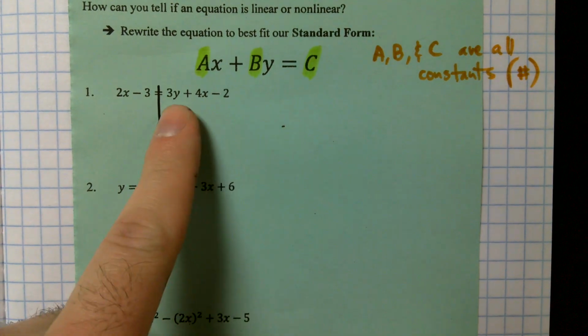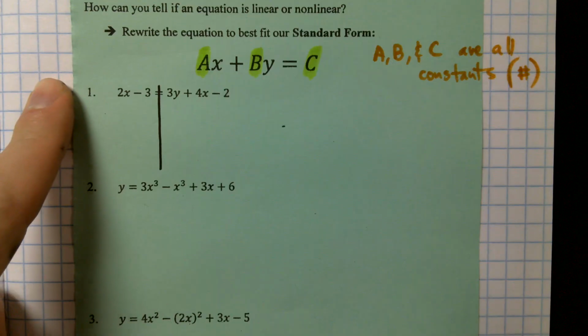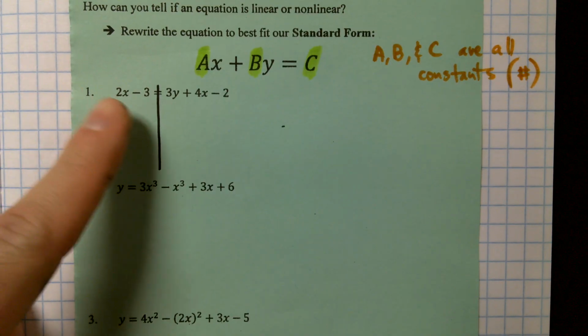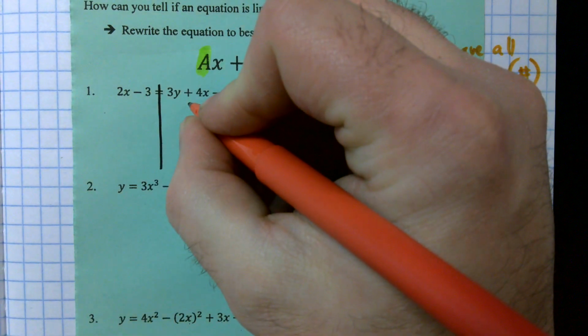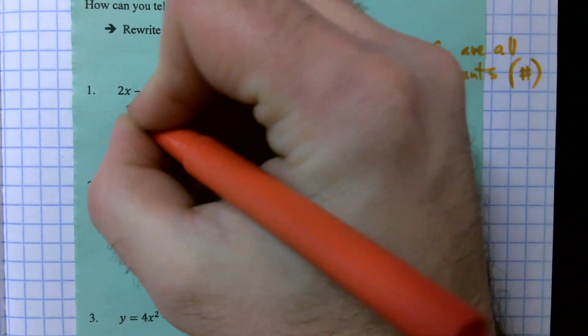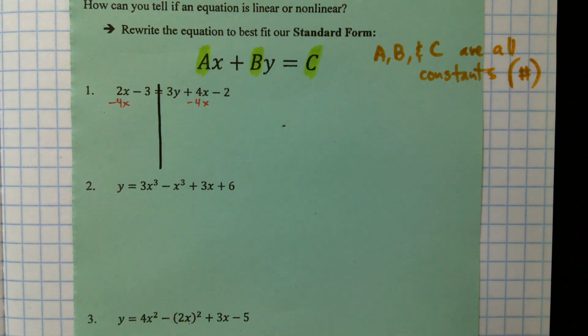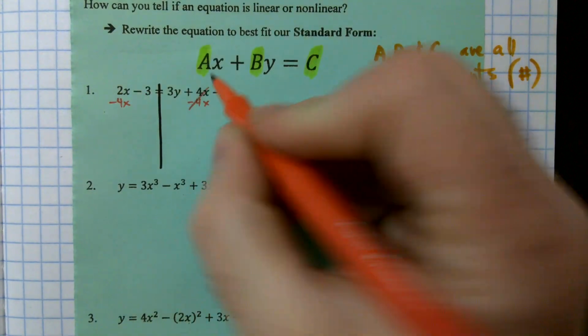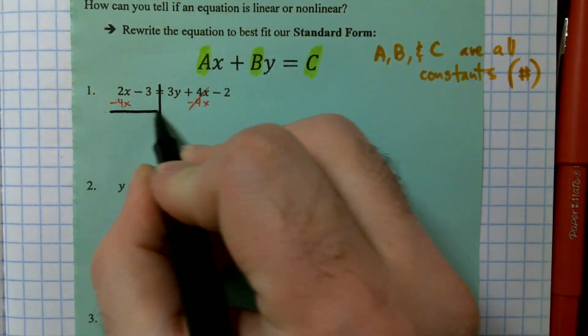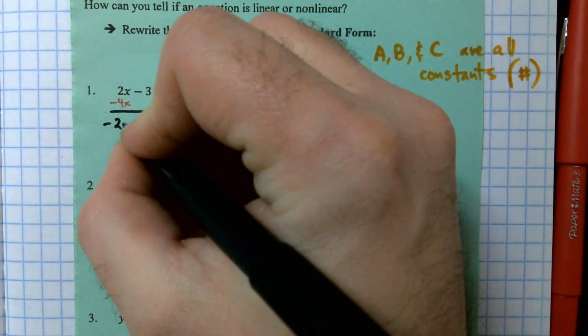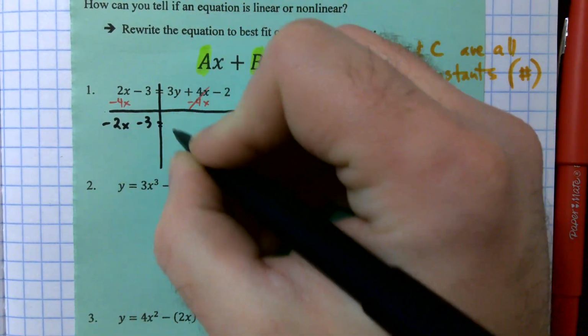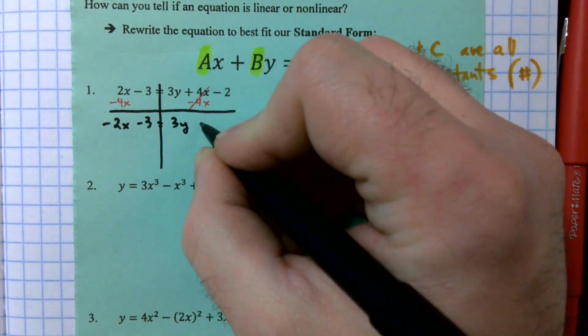So what on this right-hand side can I bring over to the left-hand side? Plus 4x. What's the opposite of plus 4x? Minus 4x. I'm going to write it under that 2x so I can combine them. Okay. Those 4x's cancel out. What's 2x minus 4x? Negative 2x minus 3 equals 3y minus 2.